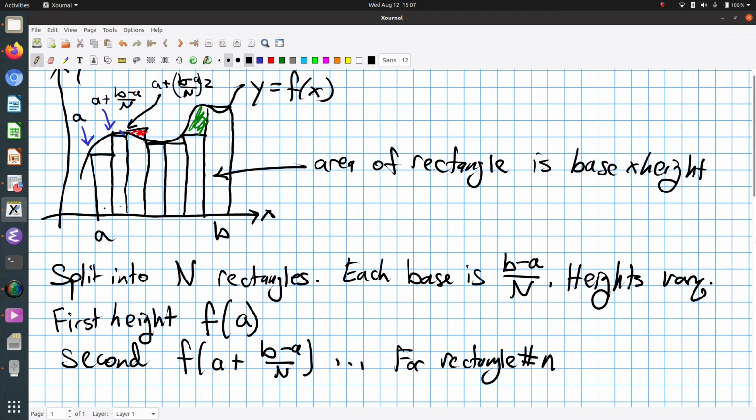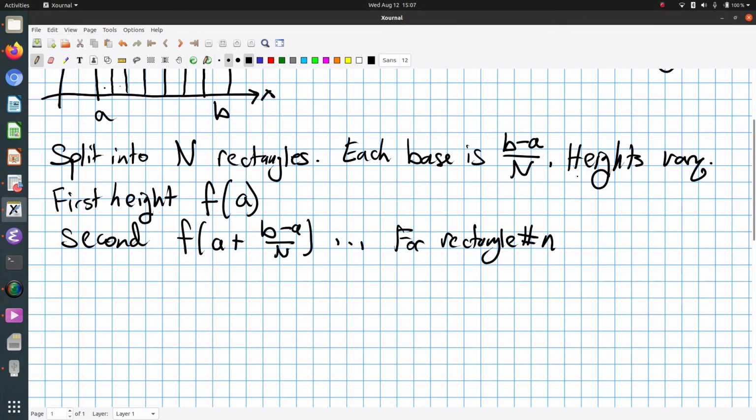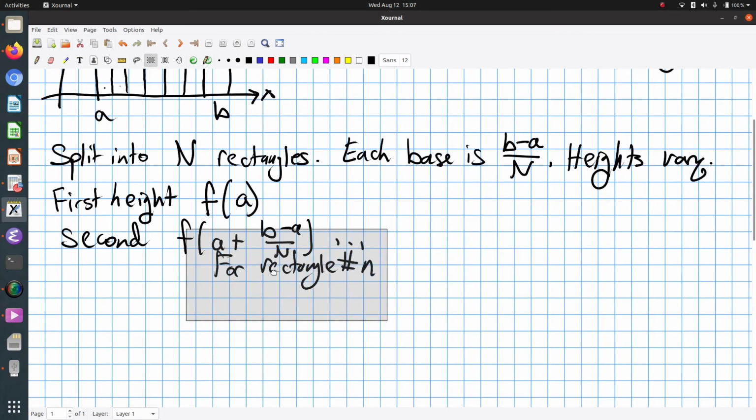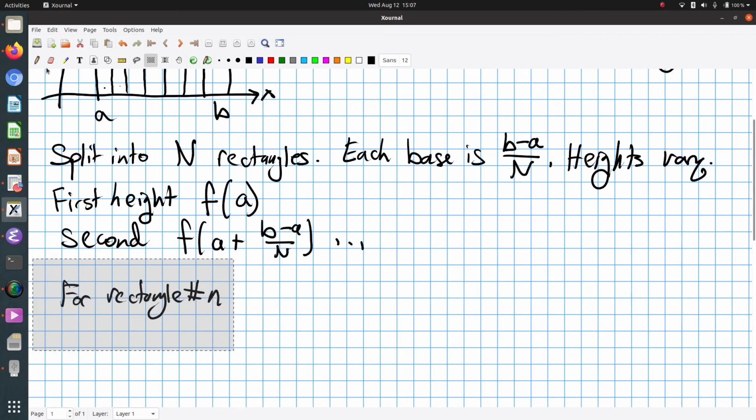Well, let's actually move that over here. For rectangle number n, it'll be f of a plus (b minus a) over n, but there's a bunch of copies of them. How many are there? Well, let's see.